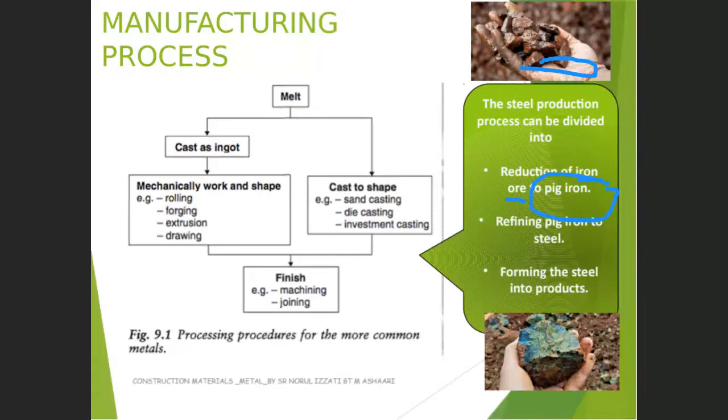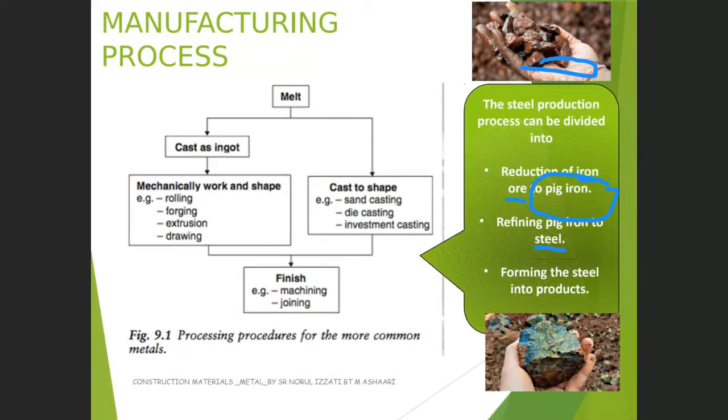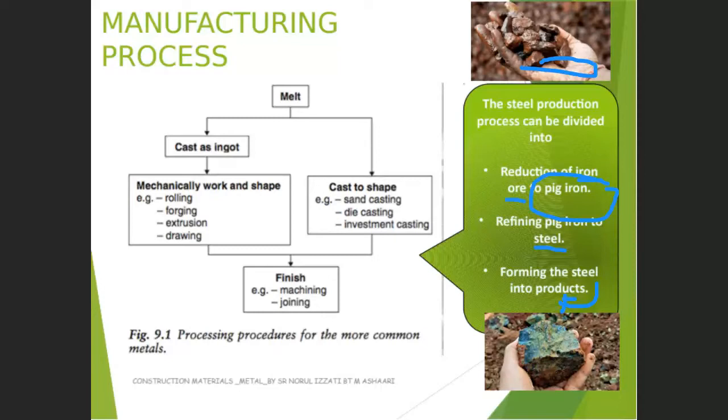As I mentioned, we refine the pig iron to become steel. This is one of the production processes, and then the steel is formed into products. This is where you get the source of metal, from pig iron, that means from the ore. This is one of the famous construction materials under metal.